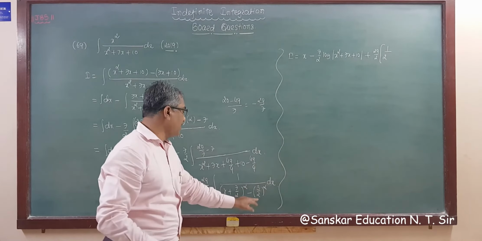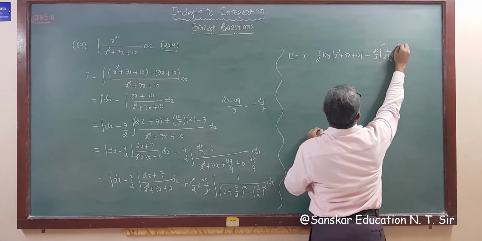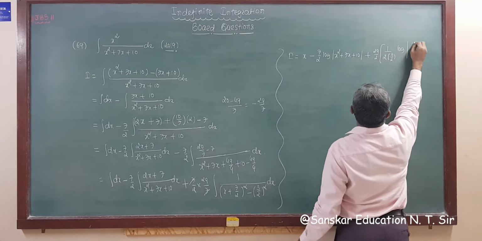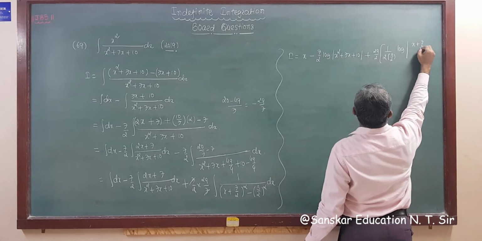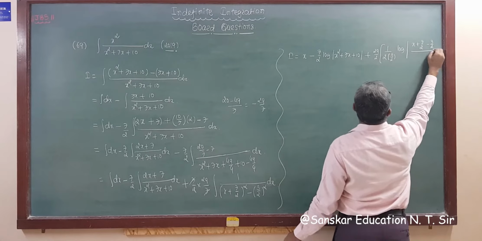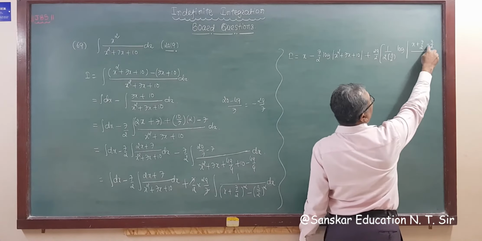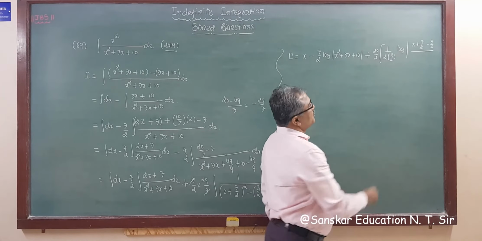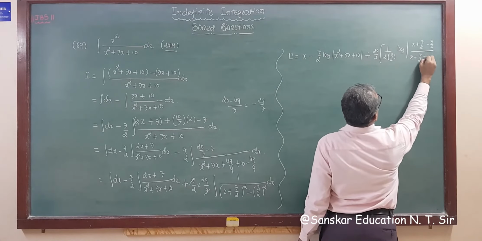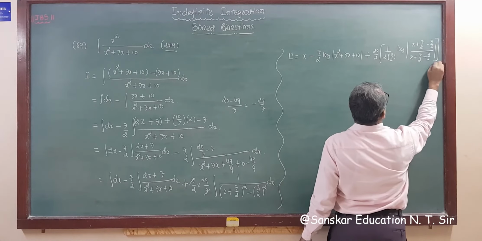A is 3 by 2. So a is 3 by 2, log mod x minus a upon x plus a. X is x plus 7 by 2. So x plus 7 by 2 minus a, 3 by 2, whole upon x plus 7 by 2 plus 3 by 2, plus c.